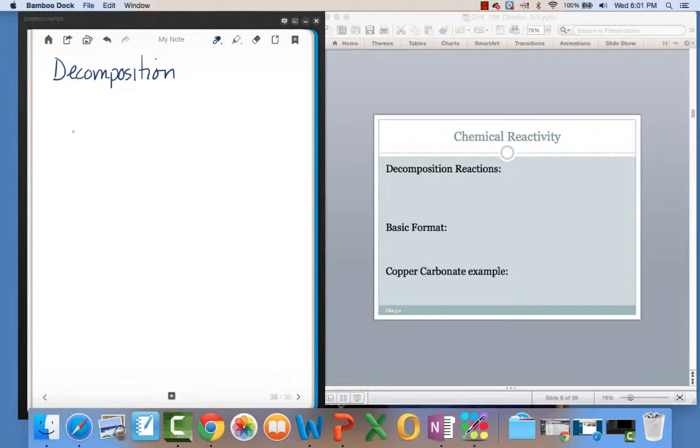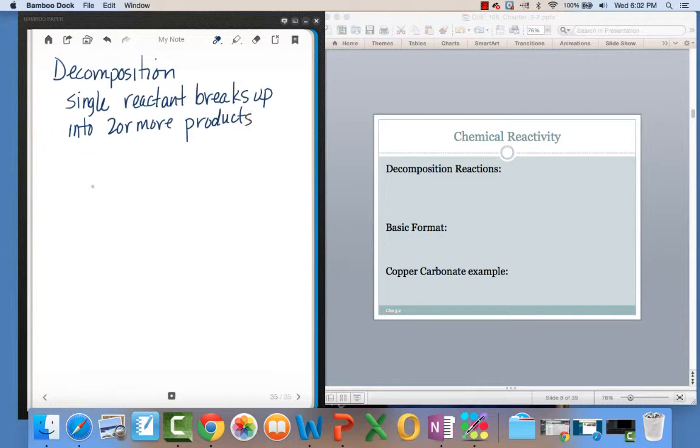I usually refer to synthesis as marriage and decomposition as divorce. Single reactant breaks up into 2 or more products. Usually has the basic format of AB yields A plus B.